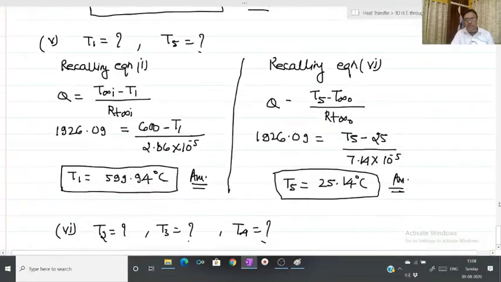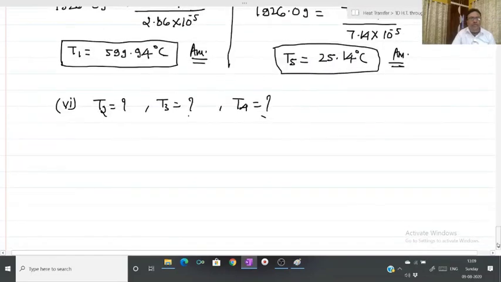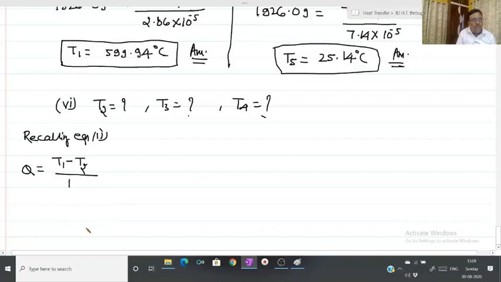Now let us solve one by one. So first, recalling equation 2. Q is equal to T1 minus T2 over RT1.